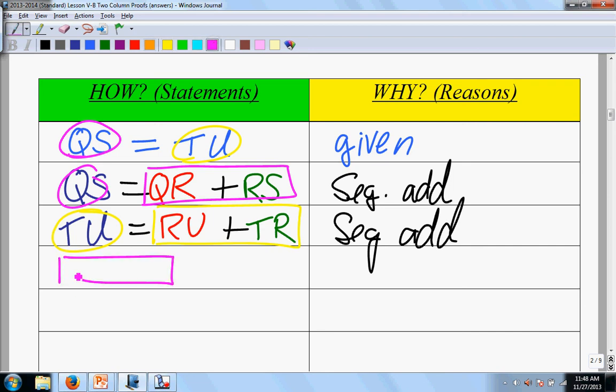So we're going to substitute QS, and we're going to substitute TU. So we're going to take this segment and use it as a scaffold. So we replace QS with this. So we have QR plus RS, and we replace TU with this right here.